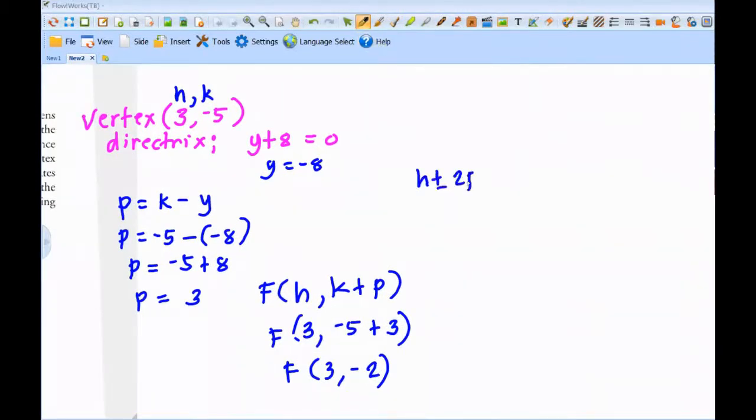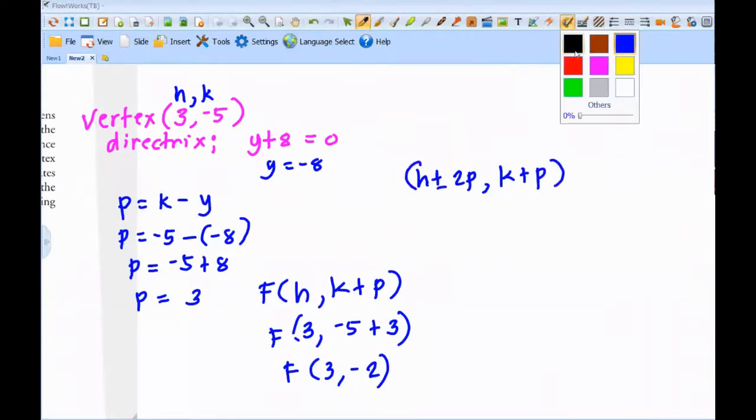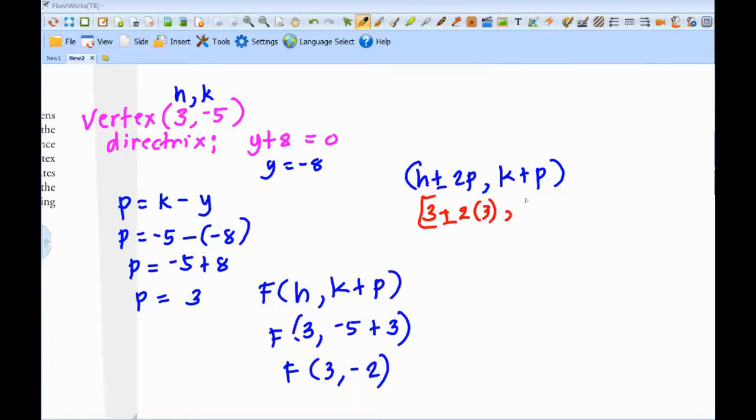H plus 2P, K plus P. Right. So what is the H that we got? 3. Plus and minus 2 times the P, which is 3. And the K, it was -5 plus 3. So here we have, if it is plus, 3 plus 6 is 9 and -2. And then the other one, 3 minus 6 is -3 and -2.